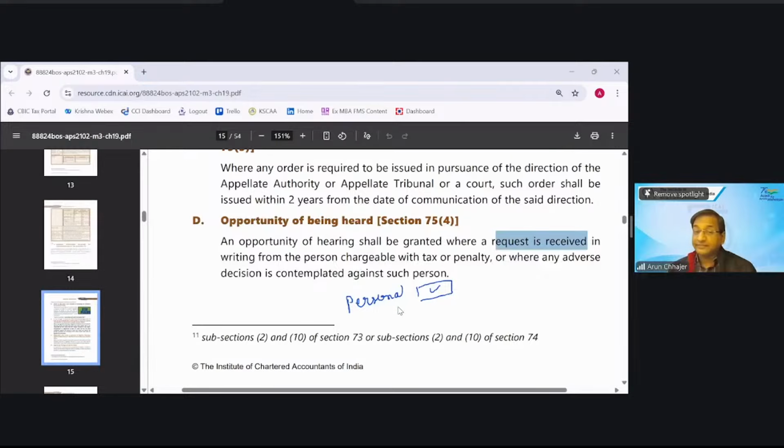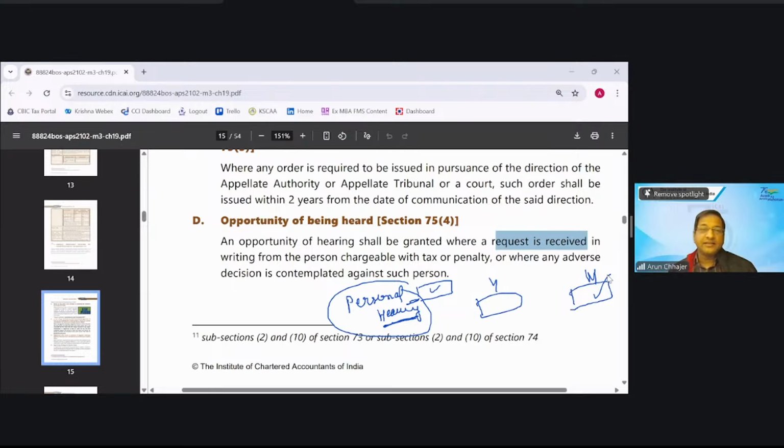Sometimes there was a decision on this personal hearing point, where one option was yes and one was no, and they ticked no, assume that, meaning they ignored it, and then the officer has not granted the opportunity of being heard and has issued the adverse order, contemplating the demand.